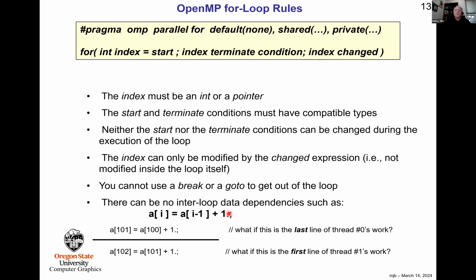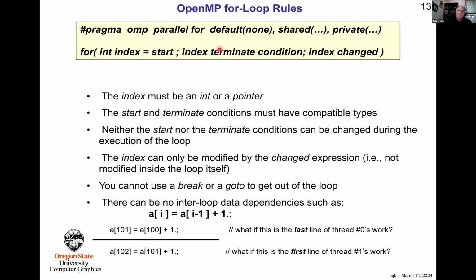In normal single-threaded programming, this works fine because we've already computed I minus 1, and in the next pass, we want to use that to compute I. But in parallelism, imagine thread 0 had all the iterations up to here, and thread 1 has all the iterations starting here. Well, the first thing thread 1 is going to do is do this, but that doesn't exist yet because thread 0 hasn't gotten around to computing it yet.